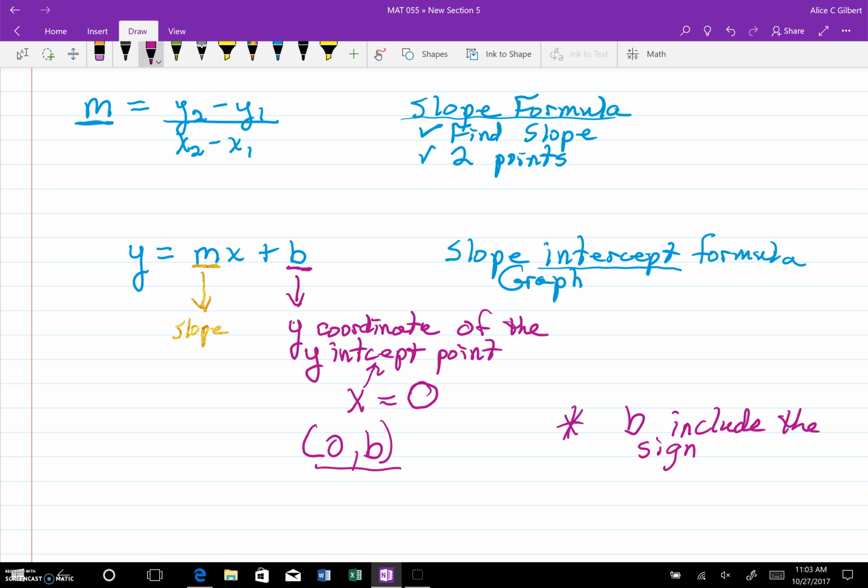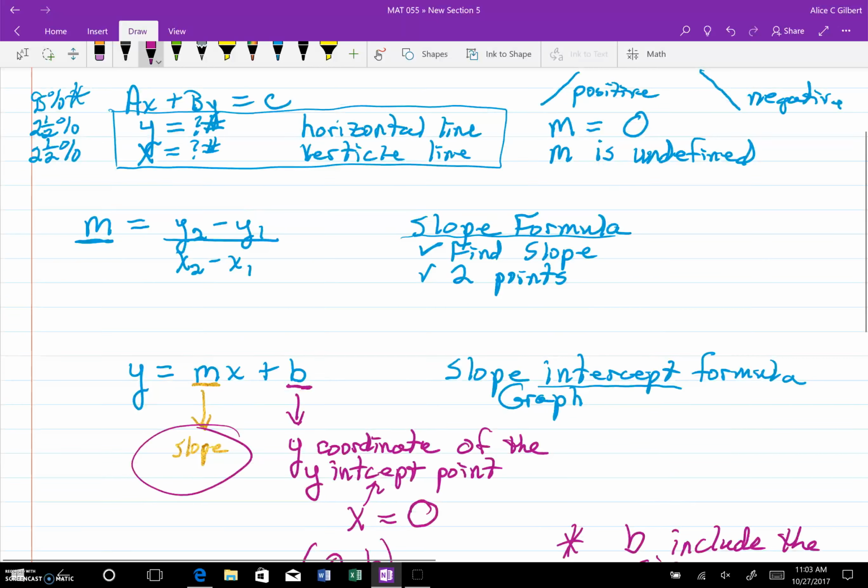When we have this point, we graph that, and then we'll use slope to find the next point, and then we connect those 2 points. That's our line. Everything we need to graph a straight line. So y equals mx plus b, slope-intercept formula.